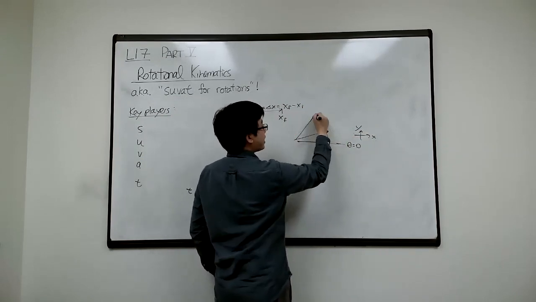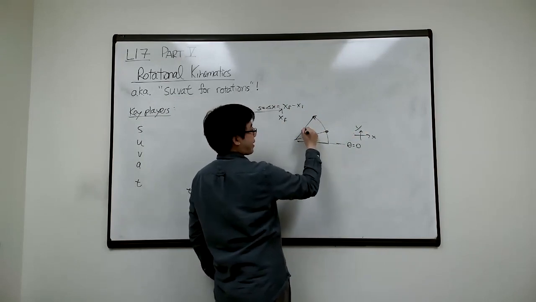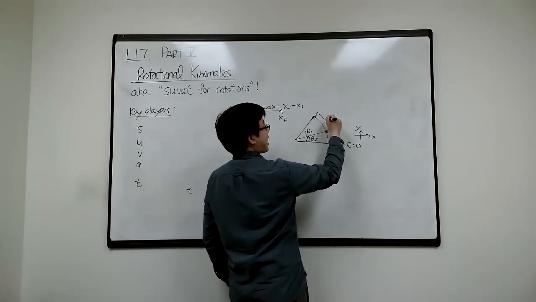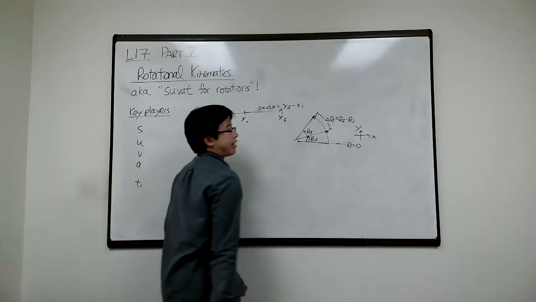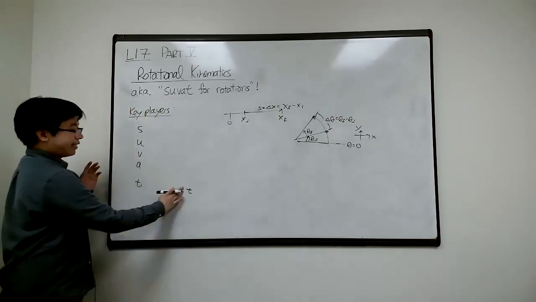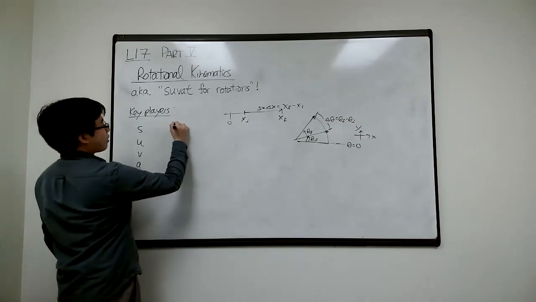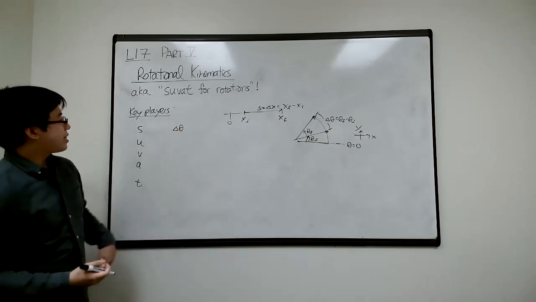Let's say I rotate from here to here. This is the polar angle theta i, and this is the polar angle theta f. So this is the angular displacement, theta f minus theta i. Unlike SUVAT, we don't have a nice invention of s. It's just angular displacement, and we're going to call it delta theta.